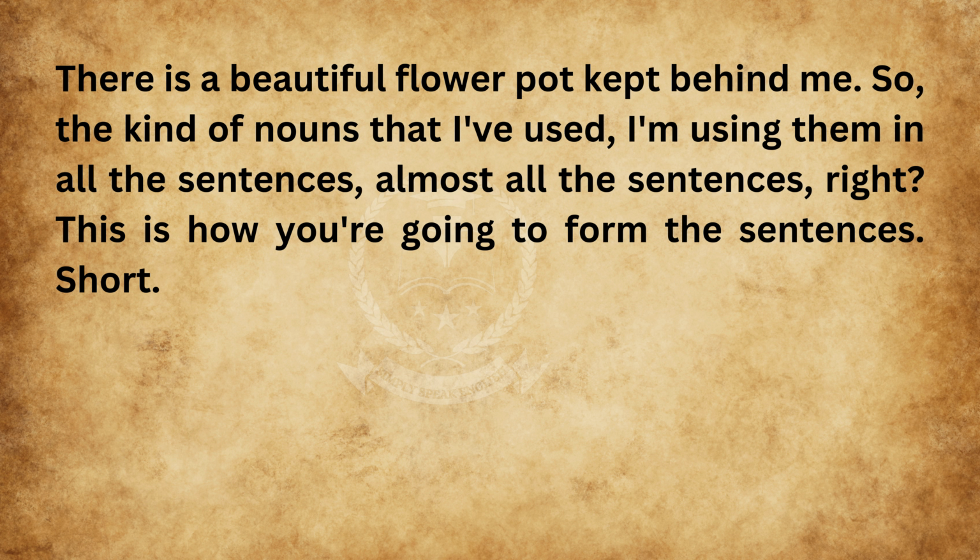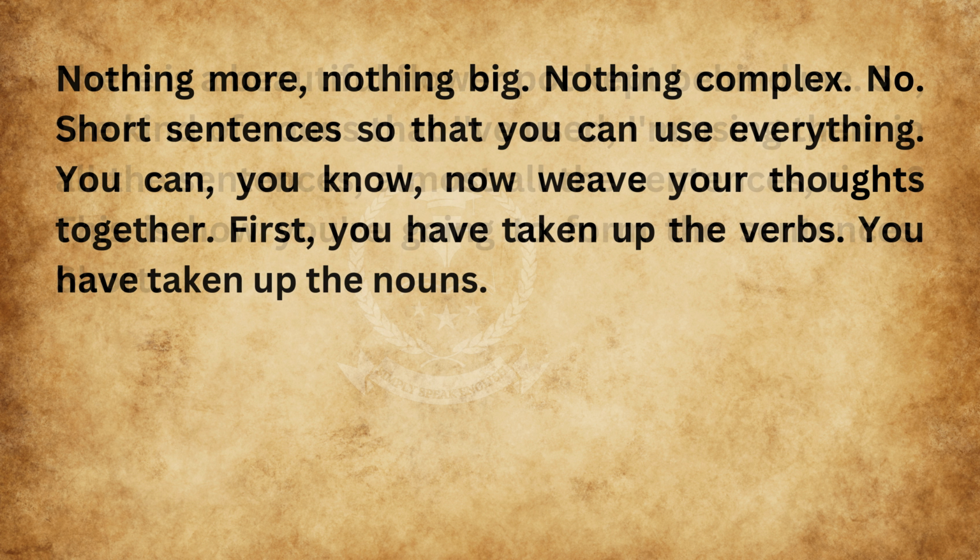This is how you're going to form the sentences. Short. Nothing more, nothing big, nothing complex. Short sentences so that you can use everything. You can now weave your thoughts together.